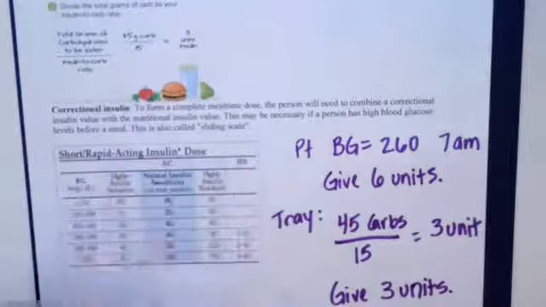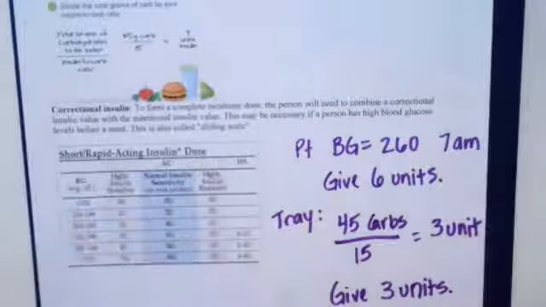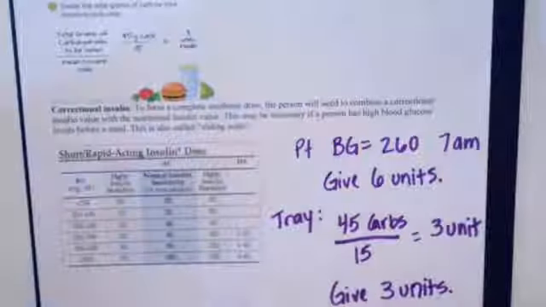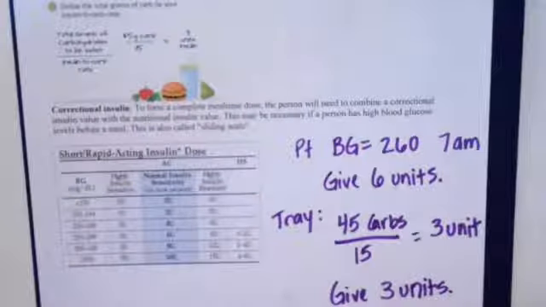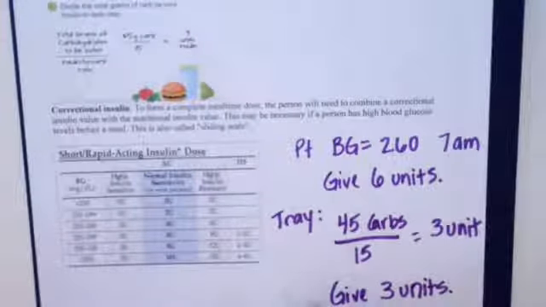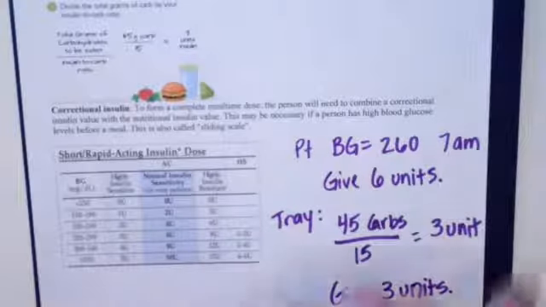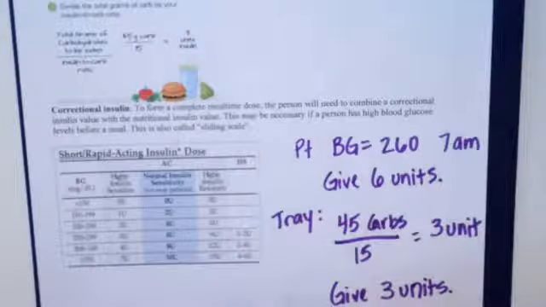So it depends on what you're fixing. Everyone's worried about when to give the medication. It's going to depend on what's ordered, whether it's regular or Lispro, and it's going to depend on what you are fixing. So if I haven't gotten to see my patient yet, his tray just got there, I know what his morning blood sugar was, and I'm going to give it all at once, then I could give the 9 units right now.